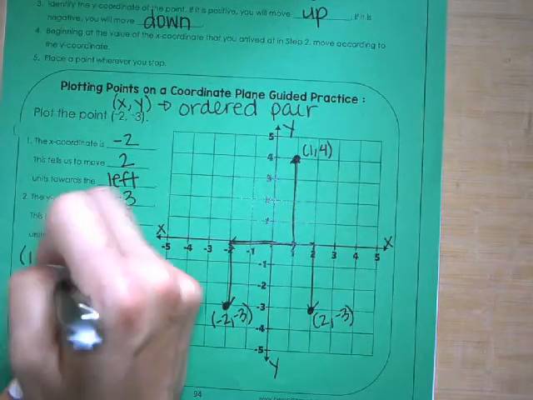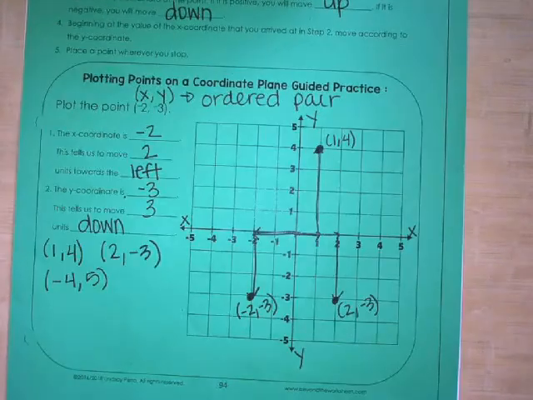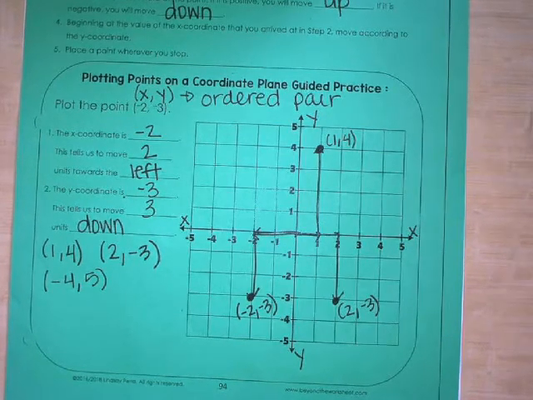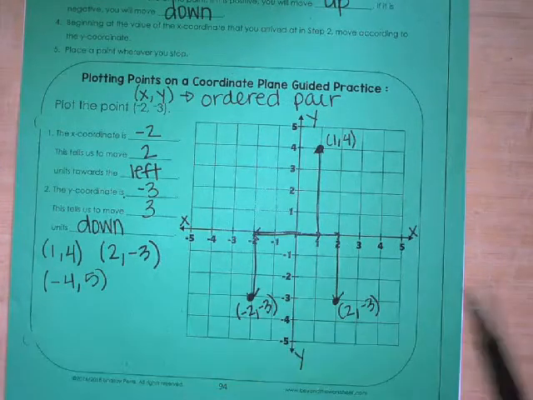Okay, do this one. -4, 5. Okay, where do I start?